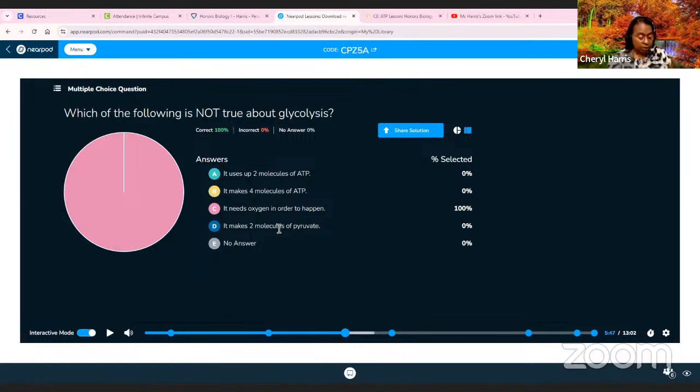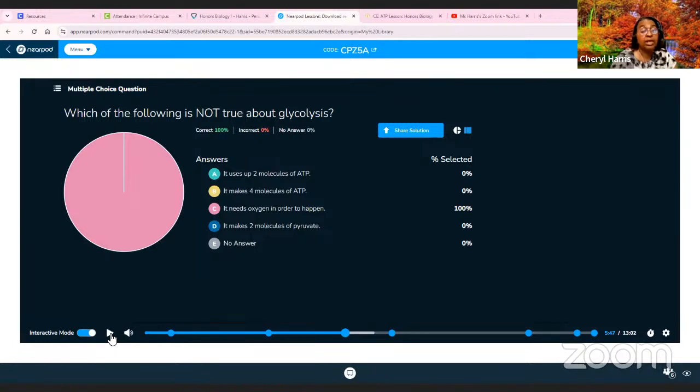Glucose is a 6-carbon molecule, and it breaks this thing in half, so you have 2 3-carbon molecules. That's what pyruvate is. A lot of times they're going to do the dots according to the carbon. So there are 2 sets of 3-carbon molecules, and they're the pyruvate.